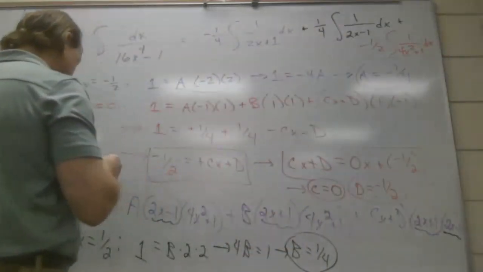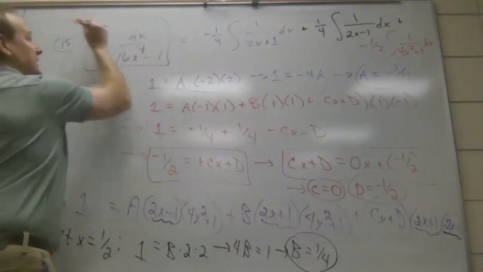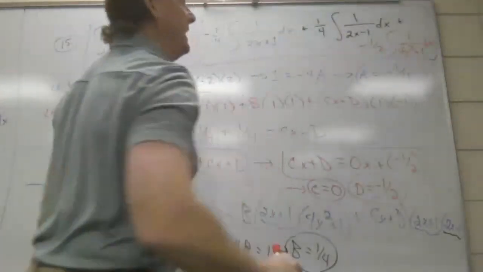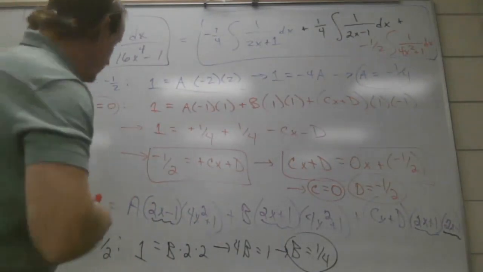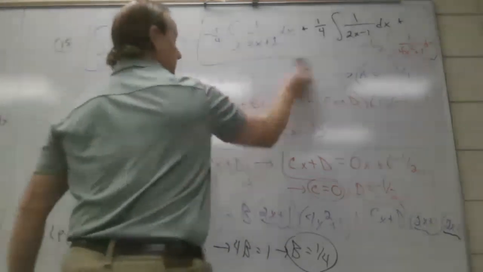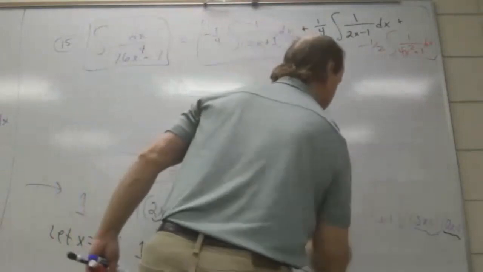Okay, so really, this is how I'm rewriting this antiderivative. I'm using partial fractions to rewrite it into a sum of 3 antiderivatives. Does that make sense? Okay, perfect. And then hopefully, these are in a form that I can handle what that antiderivative is.